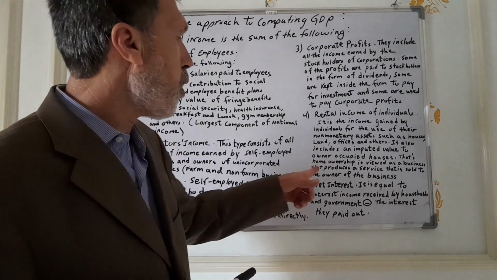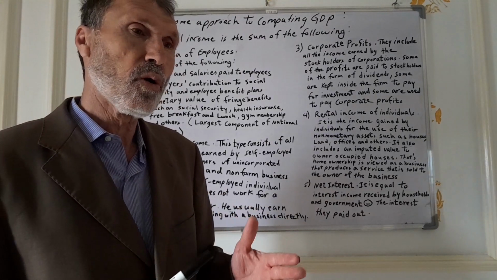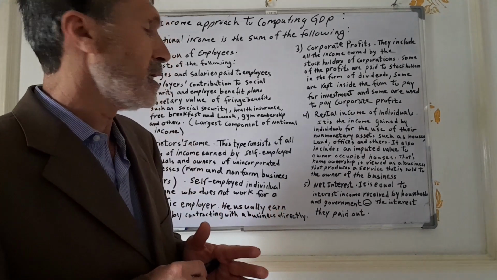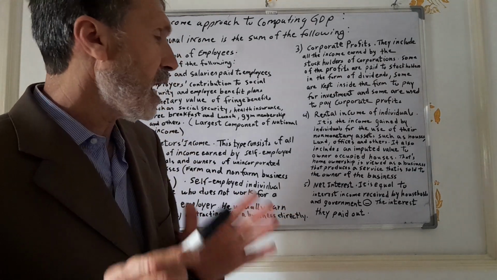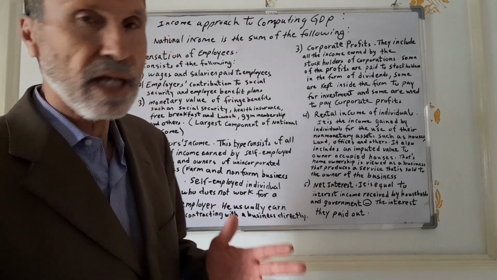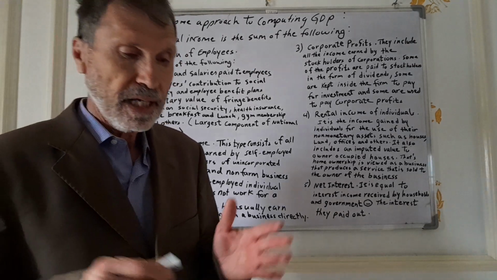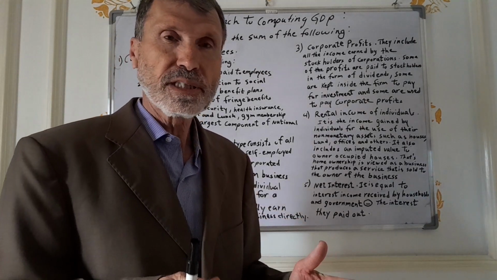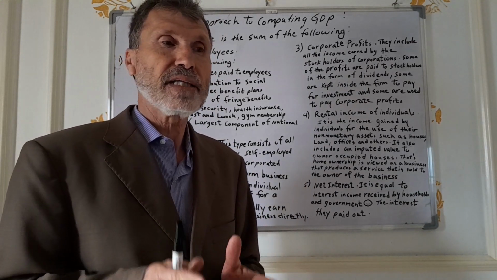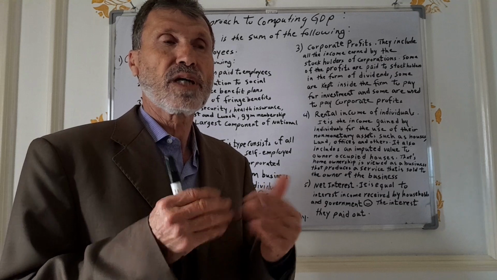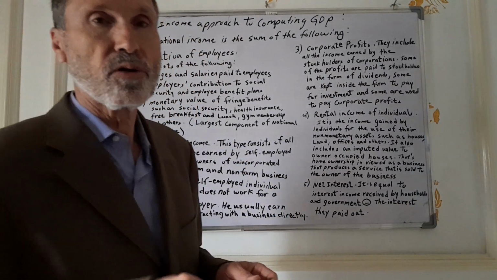That is, home ownership is viewed as a business. So those who own homes are viewed as the owner of a business. And that business produces a service that is sold to the owner of the business. That is, the owner of a house is viewed as the owner of a business, and the service that his business is giving is sold to the owner of the house.